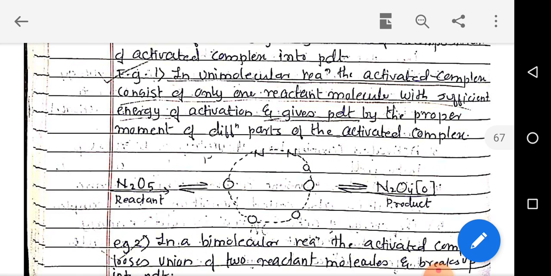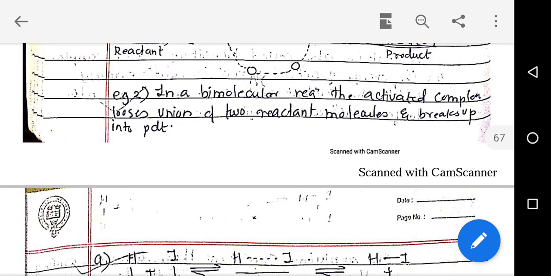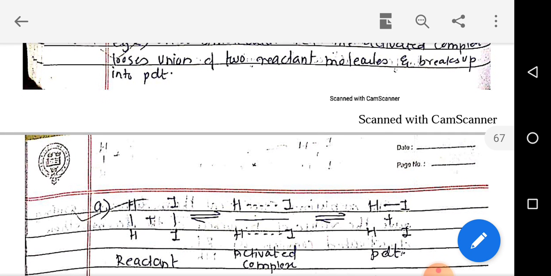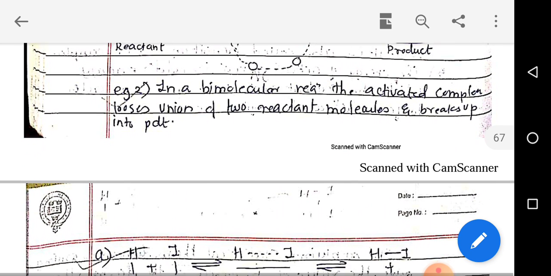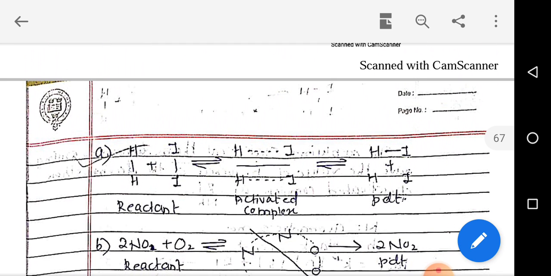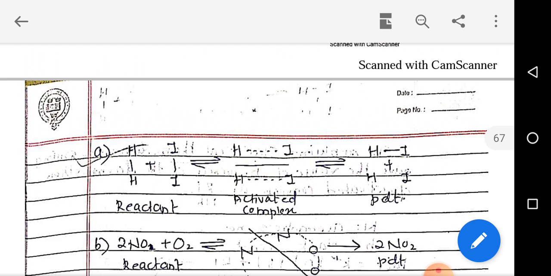In the case of bimolecular reactions, the activated complex loses union of two reactant molecules and breaks up into the products. An example is 2 molecules of HI forming the activated complex, and then the products. We get the products, hydrogen and iodine, from the two reactant molecules forming the transition state, with a new hydrogen-iodine bond forming and an old bond breaking.